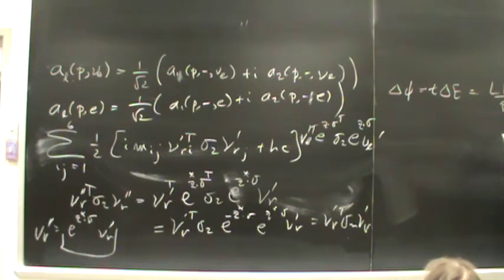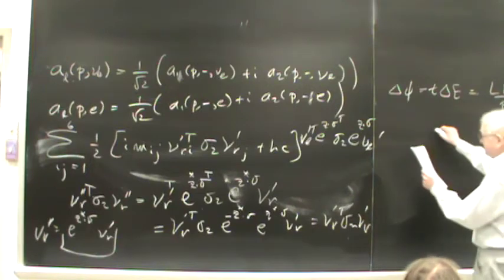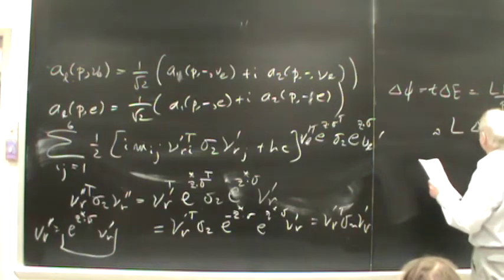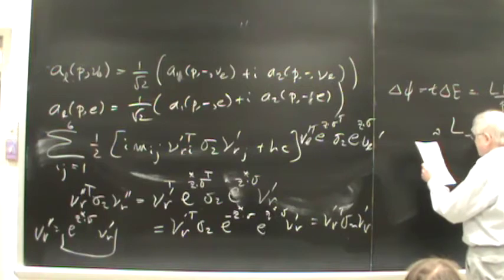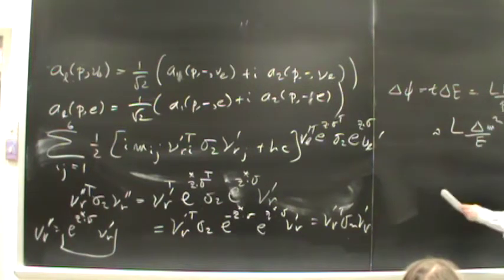And so this is L E over p, and it's then square root of p squared plus m1 squared minus square root of p squared plus m2 squared. And now you expand them, and so what you get here is approximately L delta m squared over E. And this is in natural units. In unnatural units, it's that times c cubed over h bar, apparently.